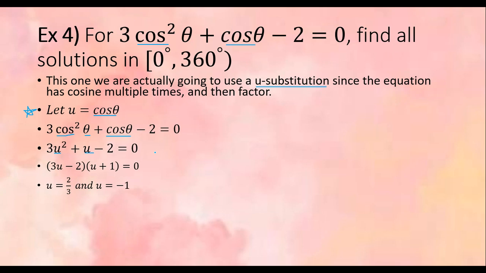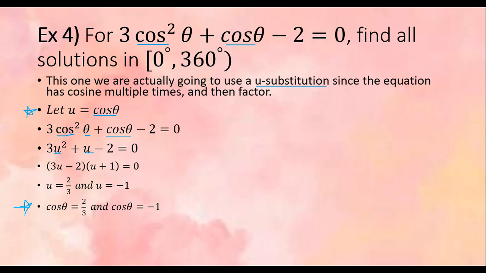Okay, so this is what I mean. If you didn't say u is equal to cosine theta, you would think we're done and we got two specific values that it works with. But I didn't really have just u to work with at the beginning. I didn't really have something this beautiful and simple to begin with. I had my function in terms of cosine. So I really have to say, since I let u equal cosine of theta, cosine theta is equal to 2/3, and also cosine theta is equal to -1.